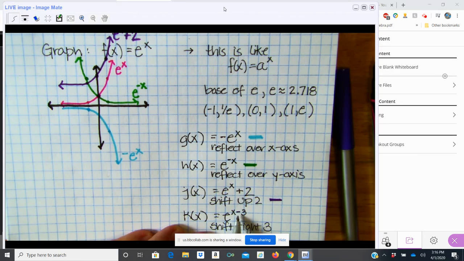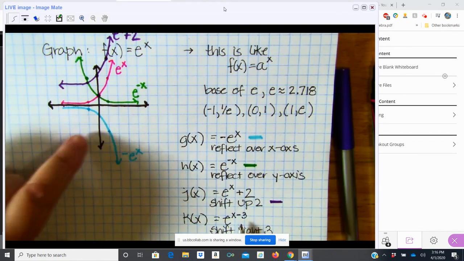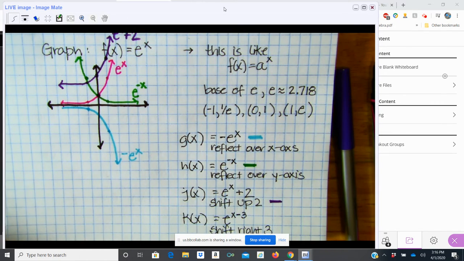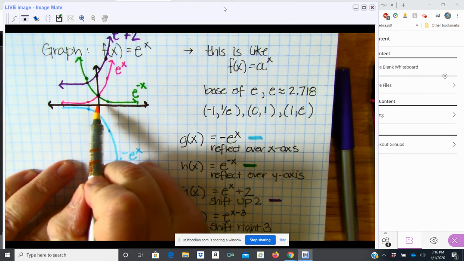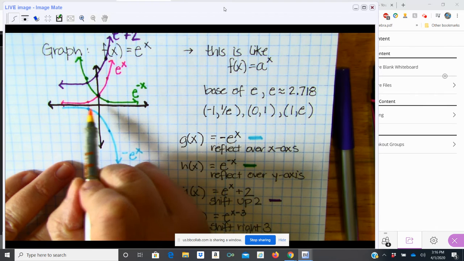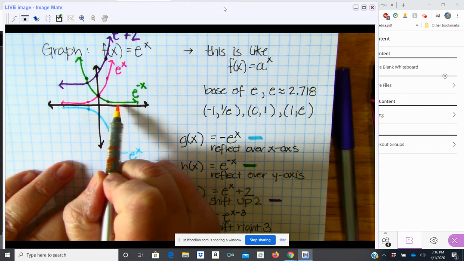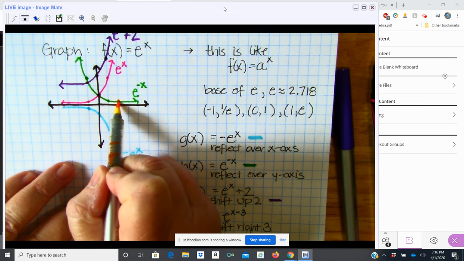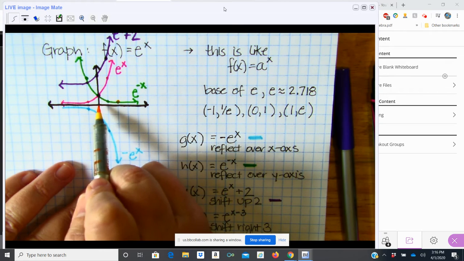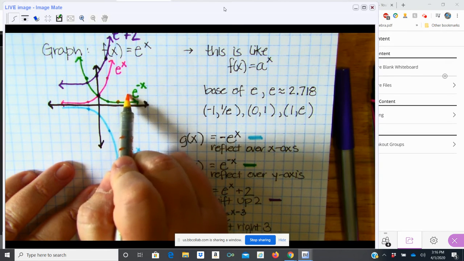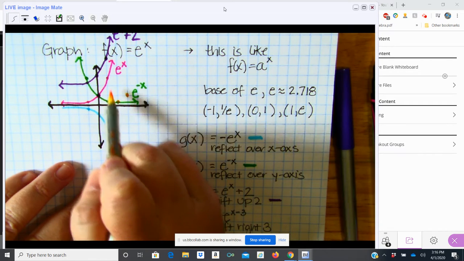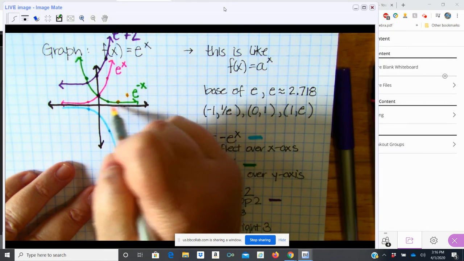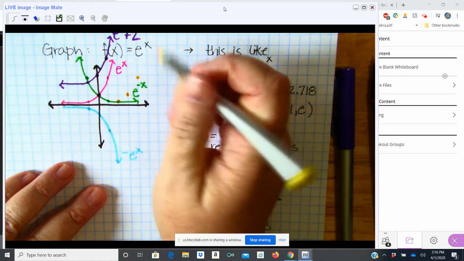So since it looks like we might go to the left 3, we're actually going to shift it to the right 3. So that means that -1, 1/e will now be at 2, 1/e. 0, 1 will now be at 3, 1. And 1, 2.718 will now be at 4, 2.718.